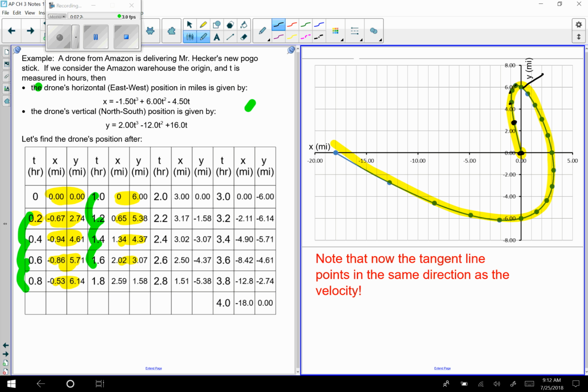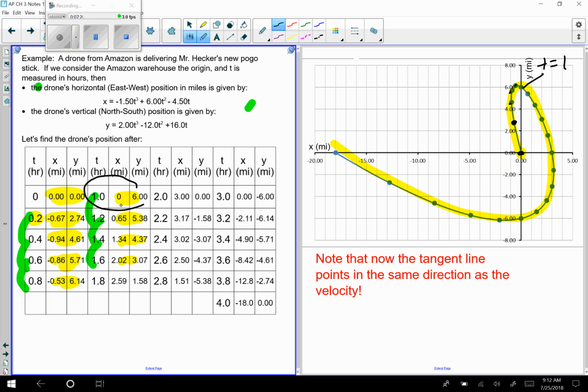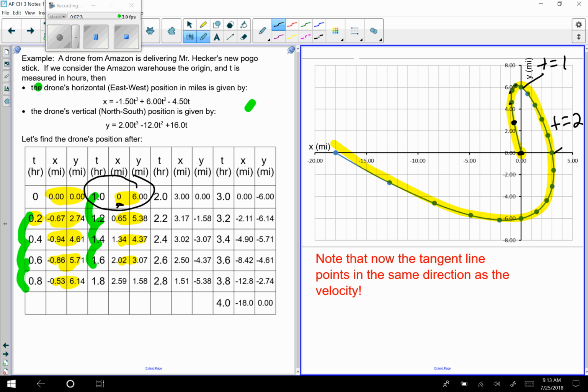So this looks like it's 1 hour. Does that make sense? Oh yeah, after 1 hour, our x position is 0 and our y is that, okay? So 1.2, 1.4, 1.6, 1.8, here's t equals 2, 2.2, 2.4, 2.6, 2.8, t equals 3, etc., right?